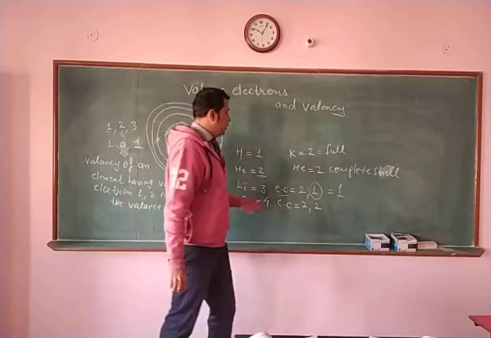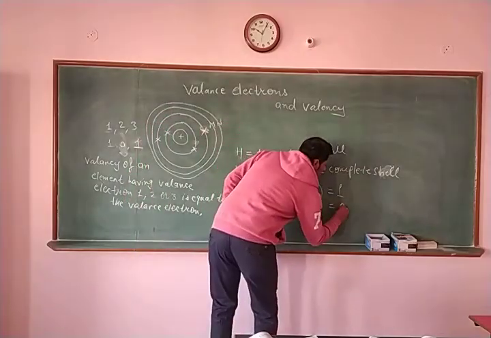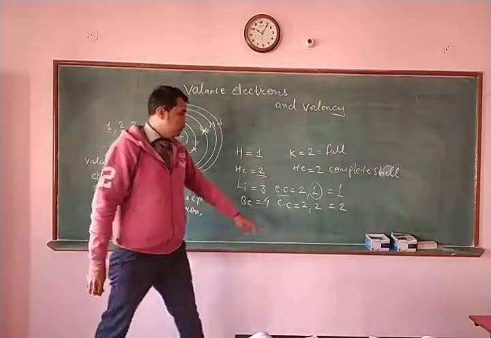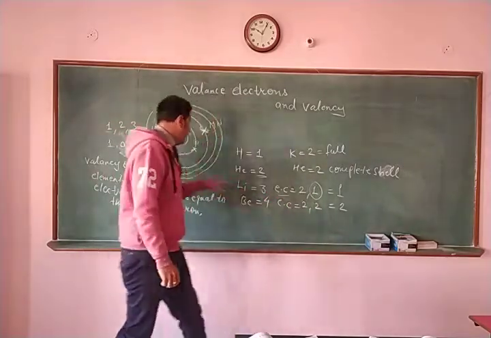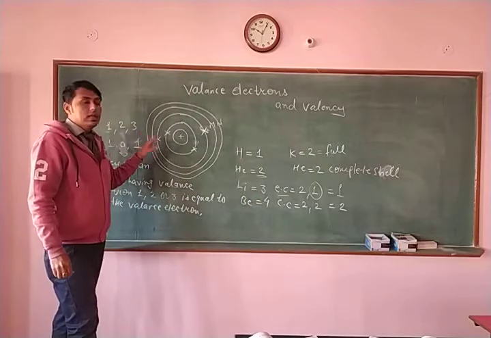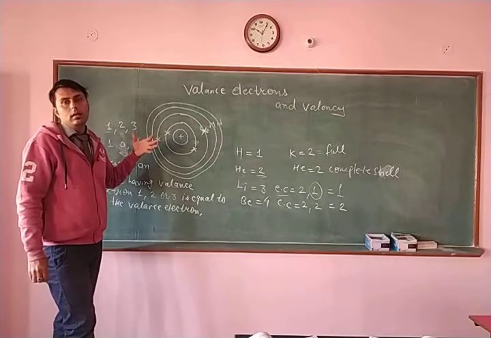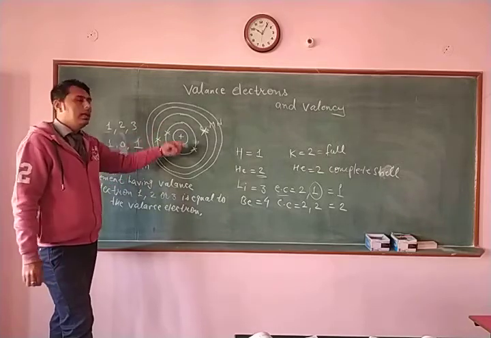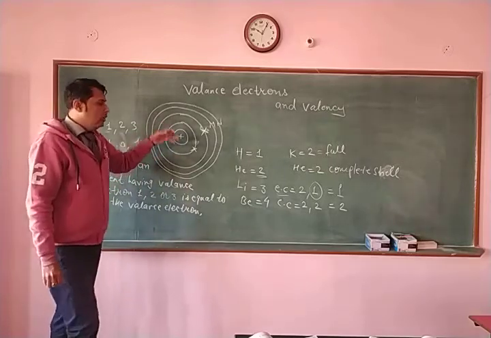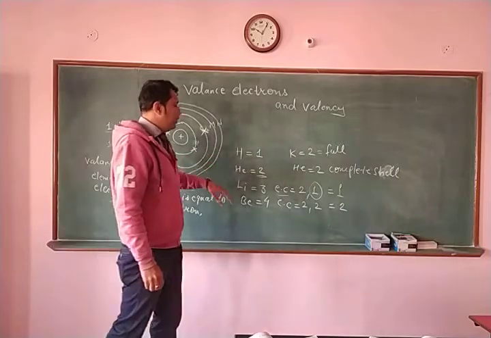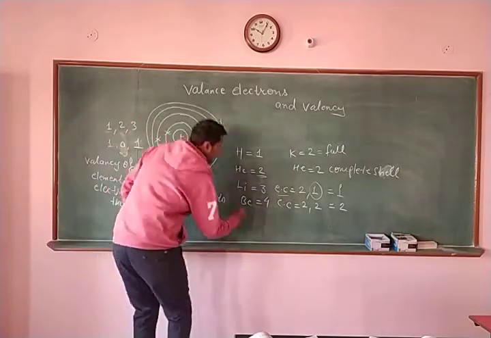So for beryllium also 2 will be the valency, because its outermost shell has 2 electrons. It is easier for beryllium to lose 2 electrons rather than to take 6 electrons to complete the octet.